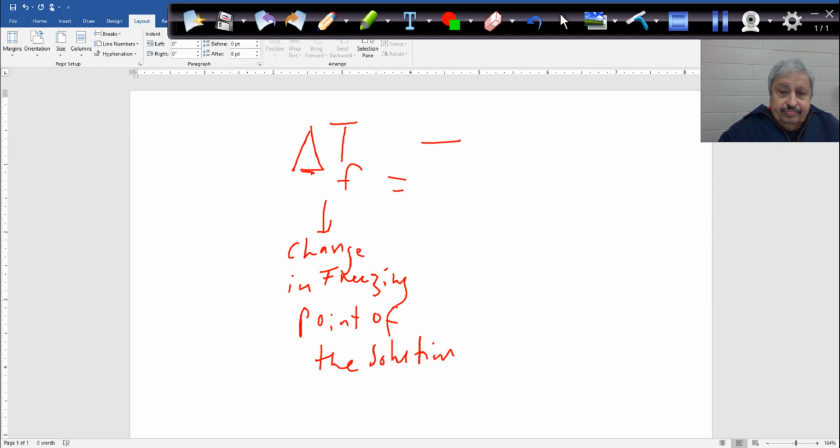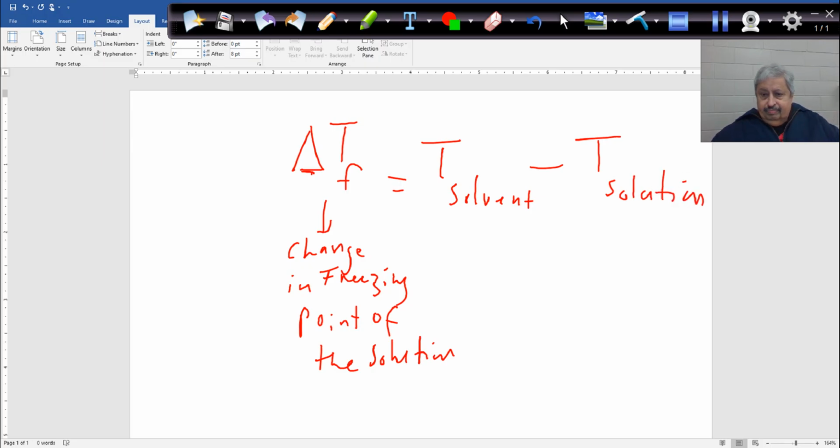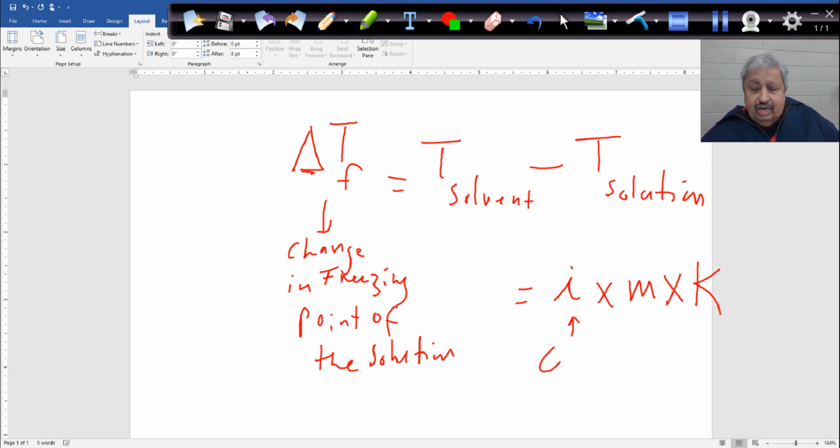It will be T solvent, temperature of the solvent, minus temperature of the solution, equals i, molality, and K. So i is the charge of the particles of the solute.